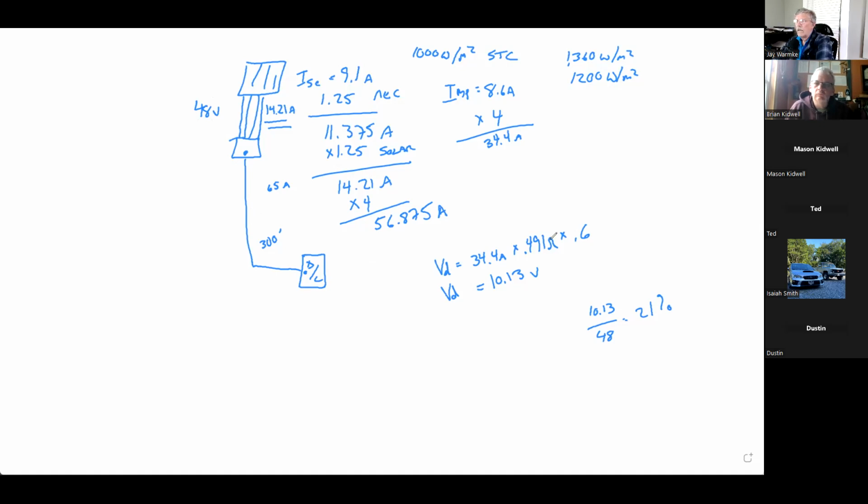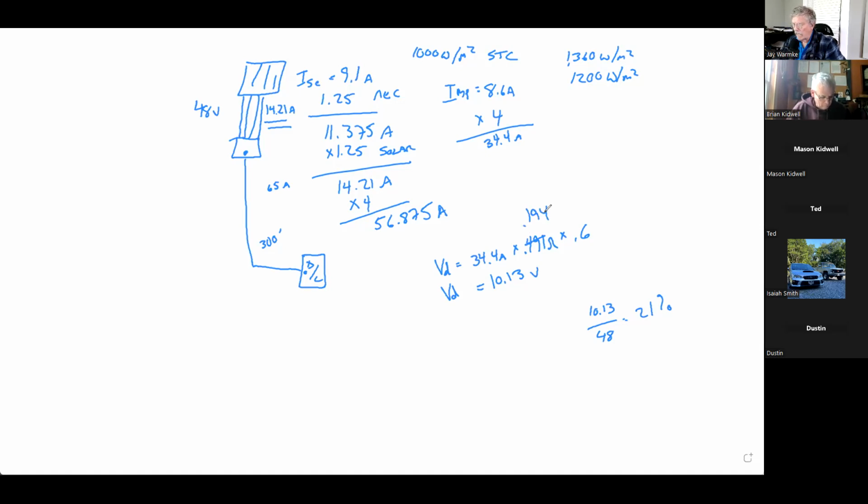Well, at this point, what if I went with 2-gauge wire? So we look at the resistance table there for 2-gauge. I can't remember what page that's on now. 84. So that's why I didn't find it. I'm already past it. All right. So if I say 2-gauge wire, now that's 0.194.